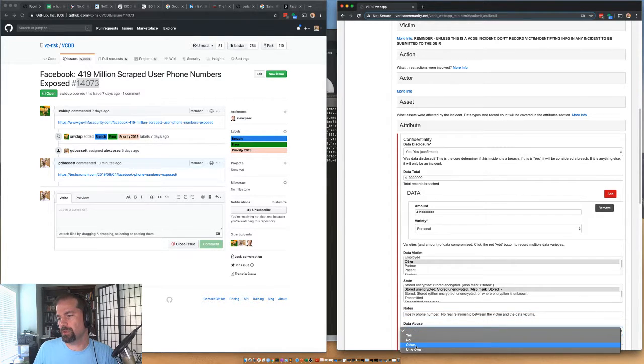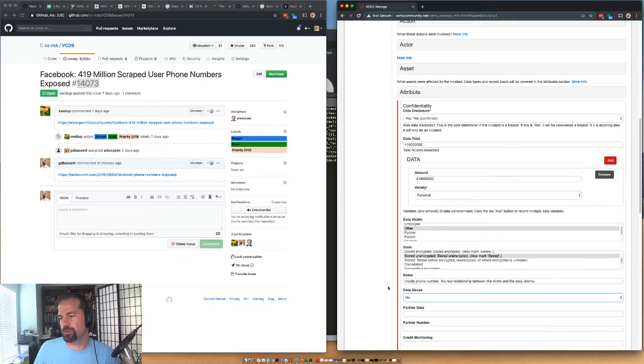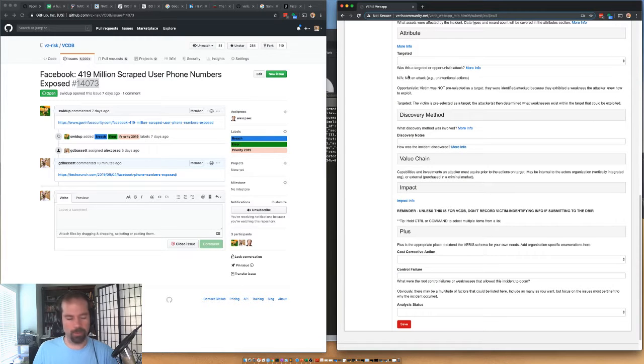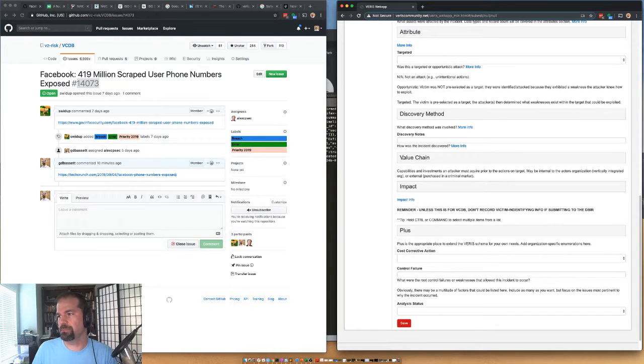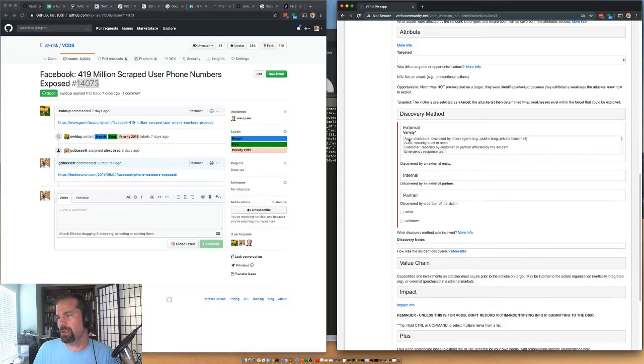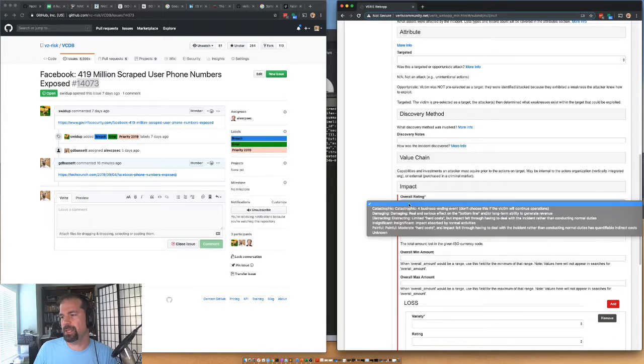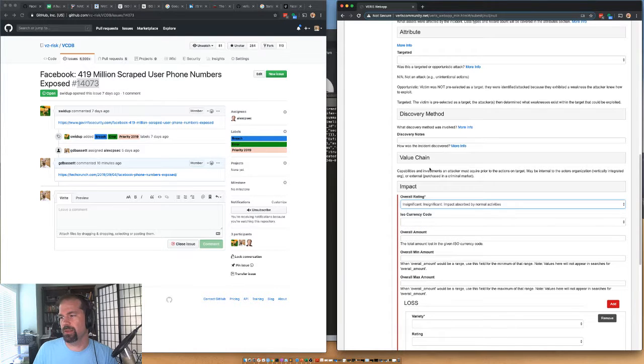Data abuse. No, this was a researcher who found it to disclose it, to help their own credibility. Discovery method says unrelated third party. That's what we use when it's a security researcher. Value chain really doesn't apply. Impact, insignificant at best.